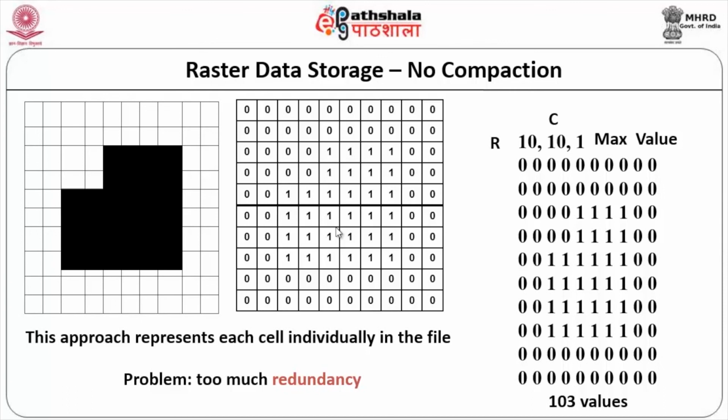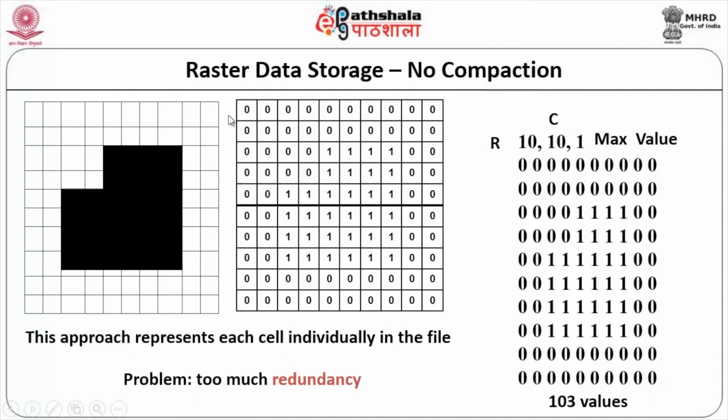As you can see here, when there is no compaction, though my object is only this one, this is my cell size or grid size rather, and you see here everywhere 0 0 0, though they are of no value as far as I am concerned; only this is of importance to me. But I will have to take this 10 by 10 to accommodate this.